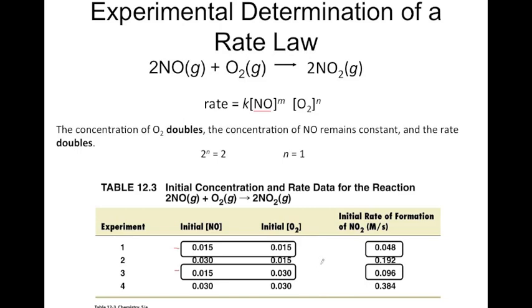So now I compare the rate change from experiment 1 to experiment 3, and I can see that the rate doubles. So if I double the concentration of O2, the rate doubles. So the exponent required to give me that would be a 1. So that would mean that my order with respect to O2 would be first order.